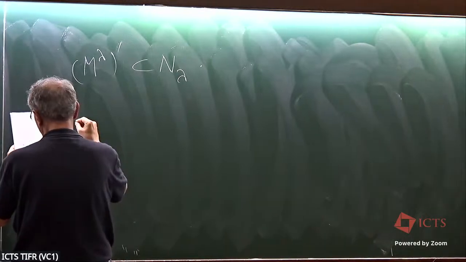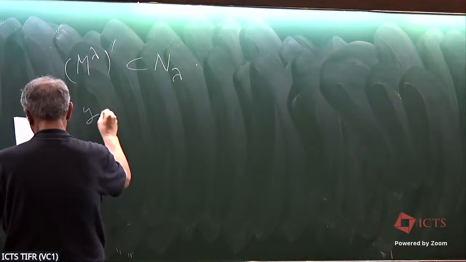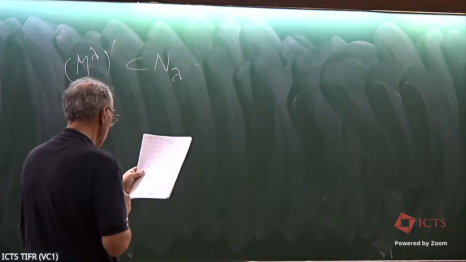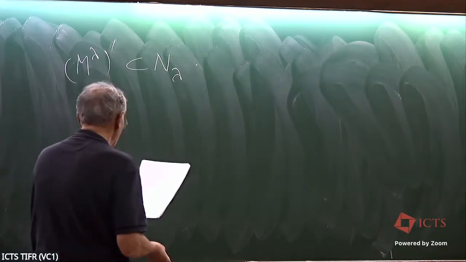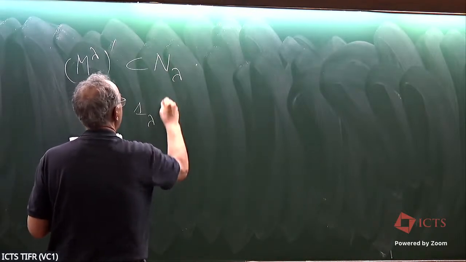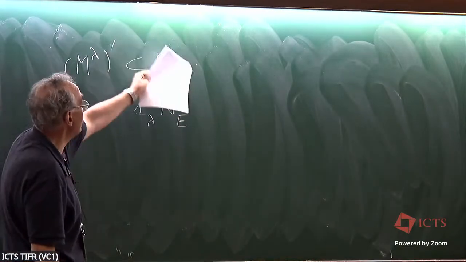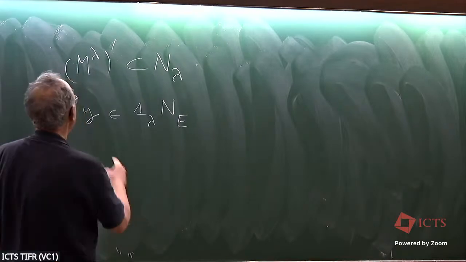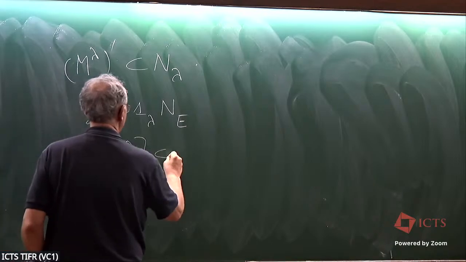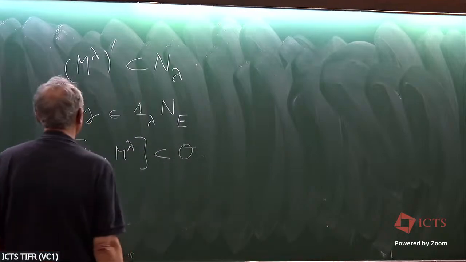So we take an element y in 1_lambda N_E, in the vector space generated by this, and I assume that when you pair it with M_lambda, it is always integral.